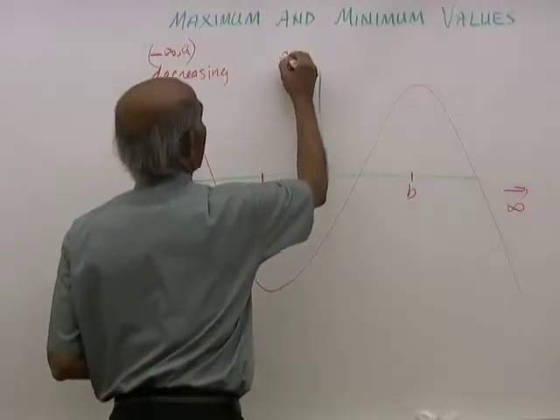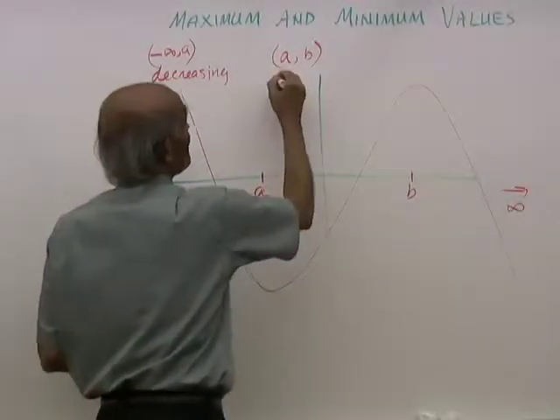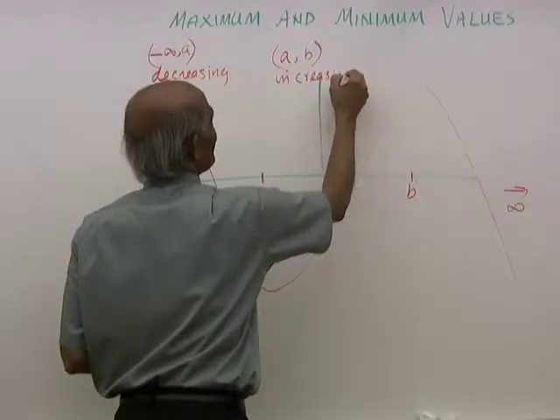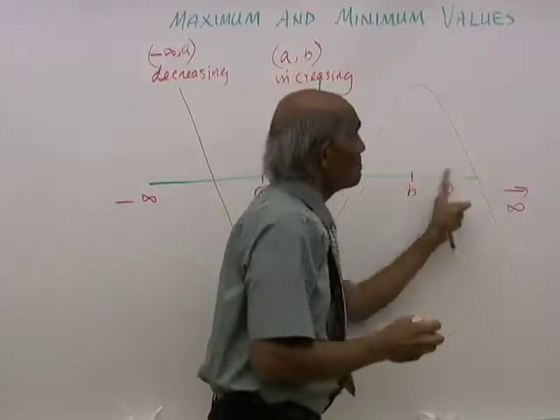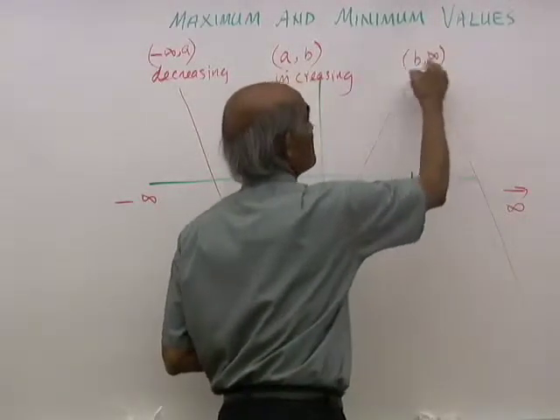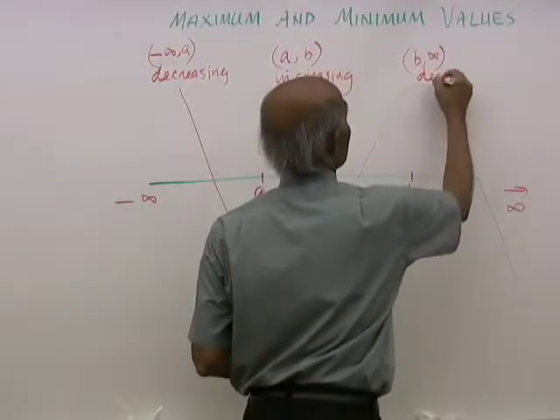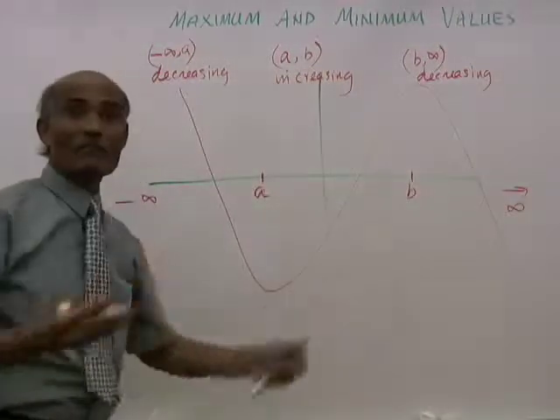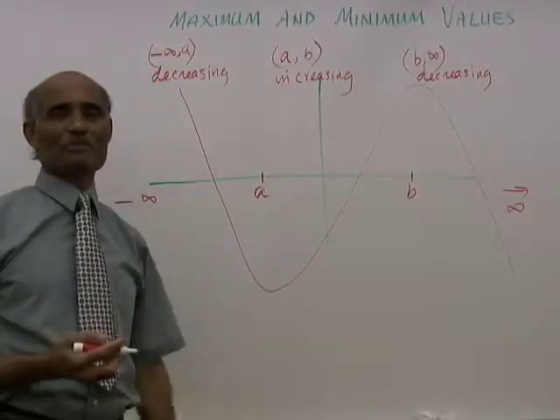So, on the interval a to b, the function is increasing. How about on the interval b to infinity? On the interval b to infinity, the function is decreasing. Now, there you have a good description of the behavior of the function.